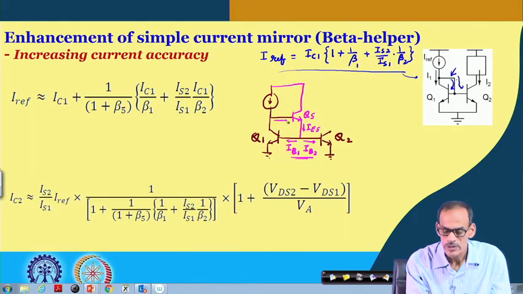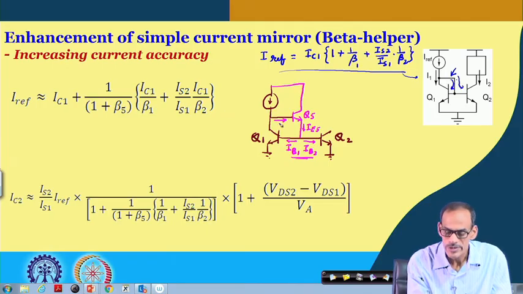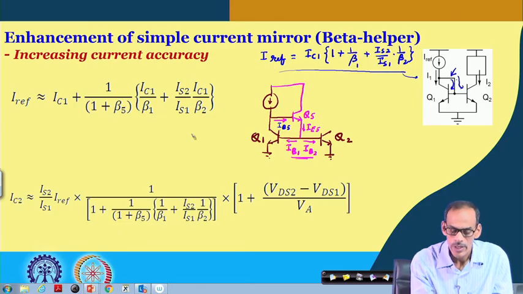So, the current at the base of this transistor, I can say this is IB5, and IB5 equals IB1 plus IB2 divided by 1 plus beta of the transistor.